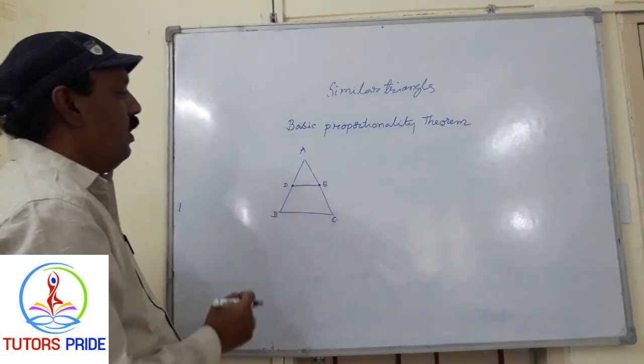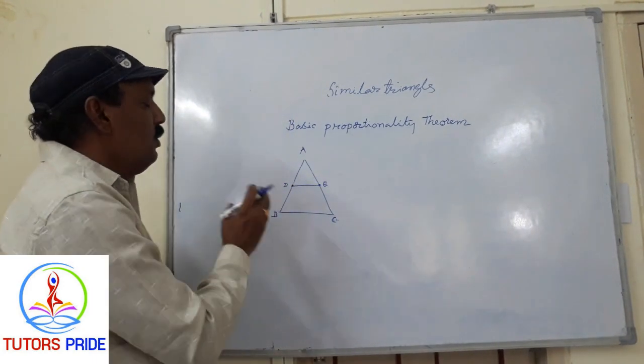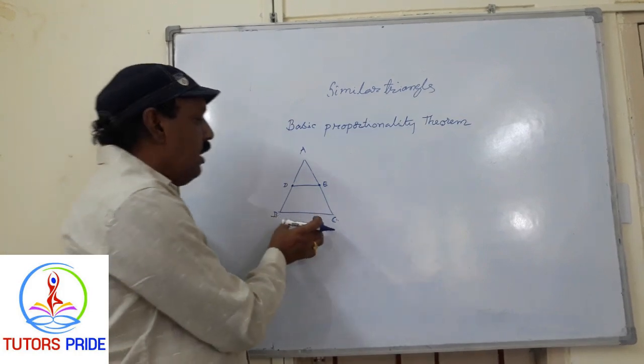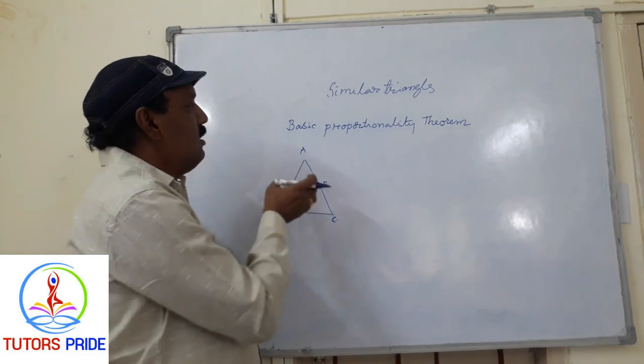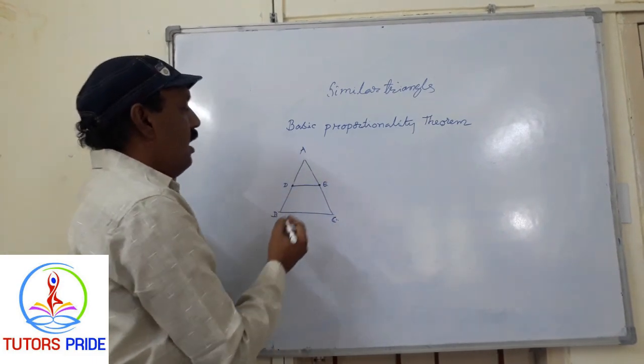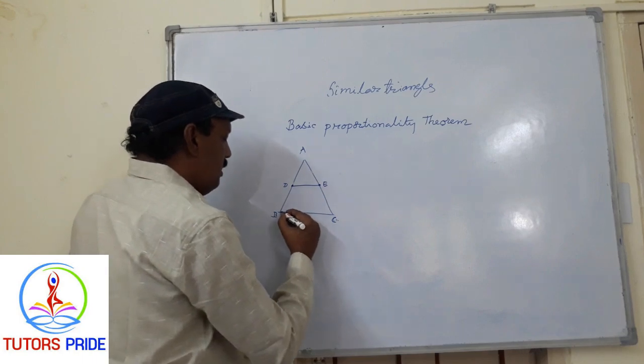You can see now, to prove something, we have to show some special evidences. What is the evidence you are going to consider for this basic proportionality theorem to prove this ratio? And what are the constructions you can see now?